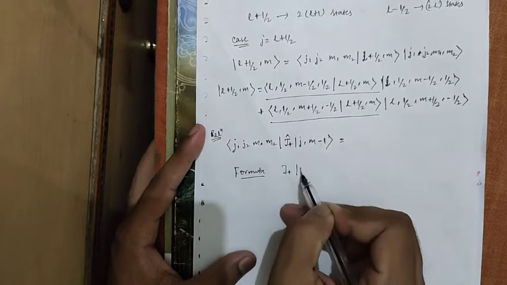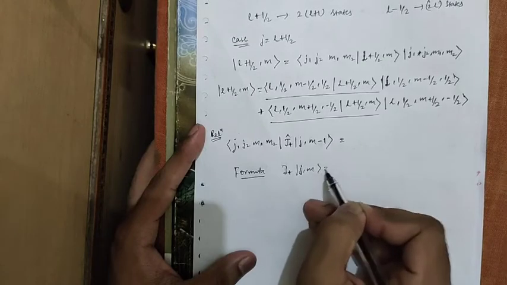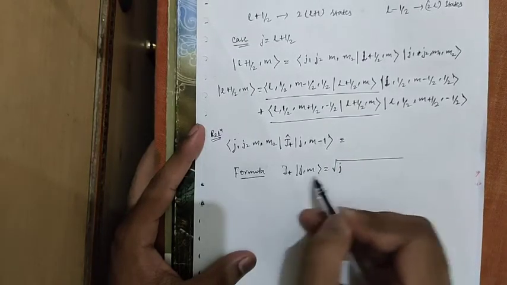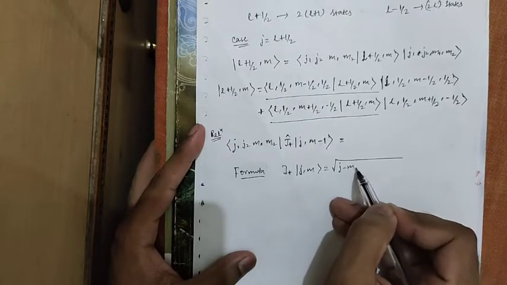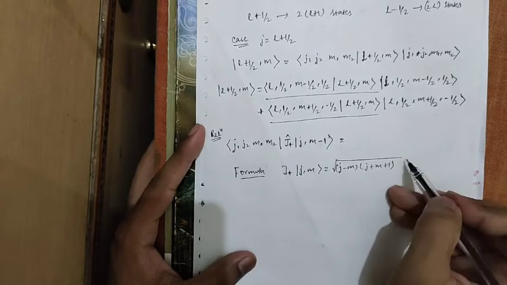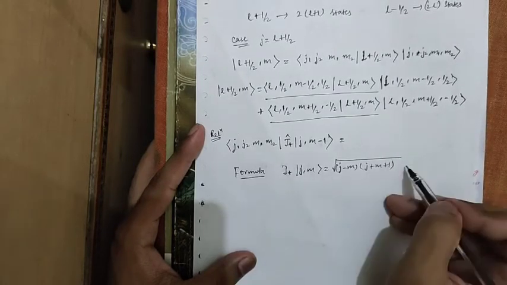When the j plus operator operates on jm, it gives us the square root of j minus m times j plus m plus 1, and the eigenstate is changed.